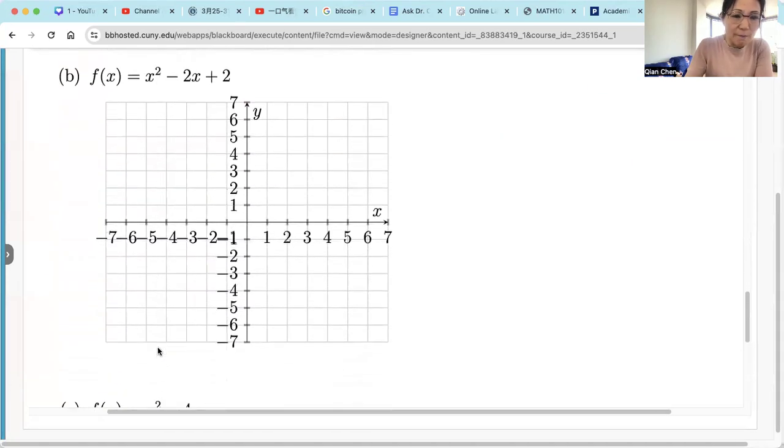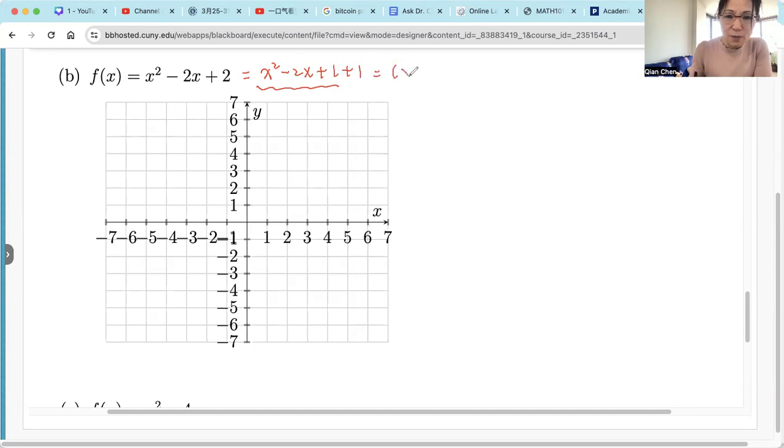Let's see B. B, we're not in the vertex form, but we can complete the square, right? We can rewrite this as x squared minus 2x plus 1 plus 1. This gives us a perfect square because -2 divided by 2 is -1. -1 squared is 1.